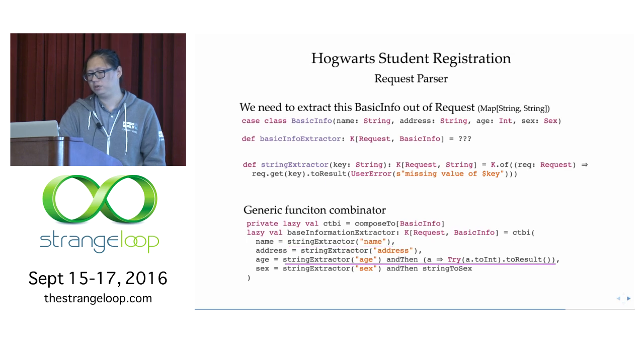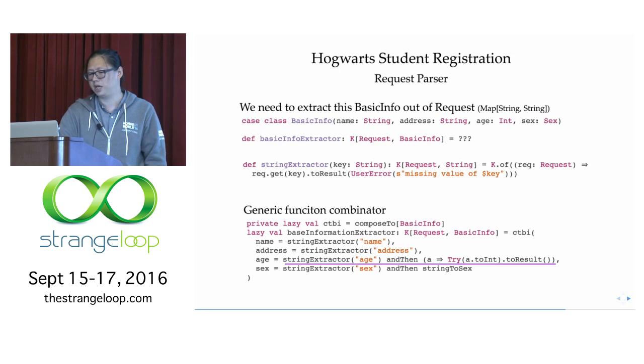And then for age, we just call string extractor of age, basically extracting the value out of the age key. And we say then what we want to do is to try to parse it into integer. We can just do that by using the second function.